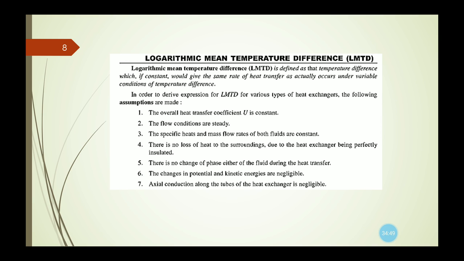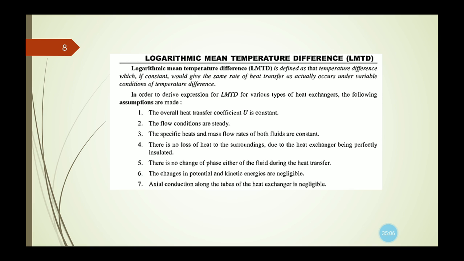The assumptions are written here. The overall heat transfer coefficient, that is capital U, is constant. The flow conditions are steady. The specific heat and mass flow rates of both the fluids are constant.